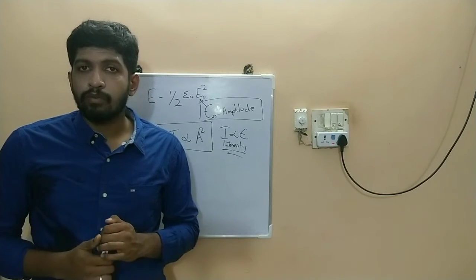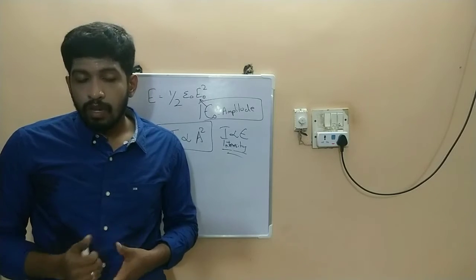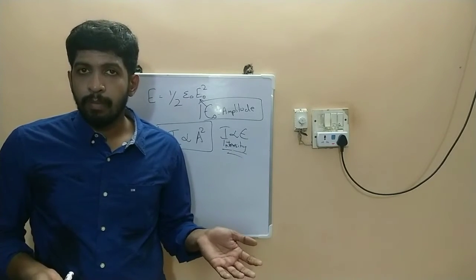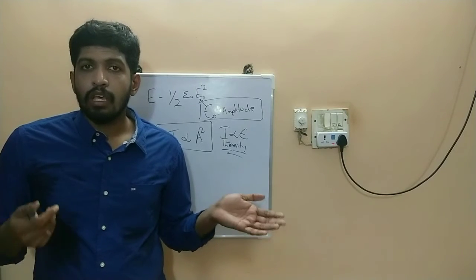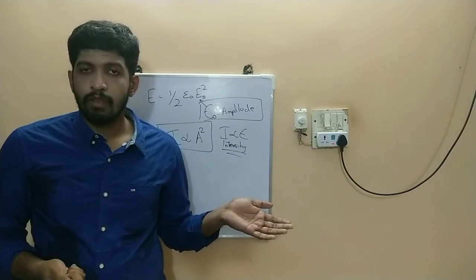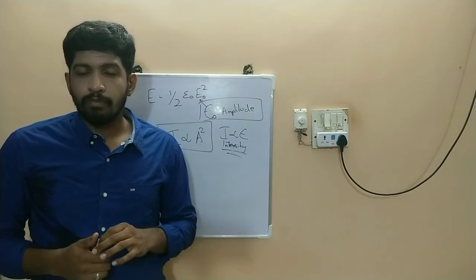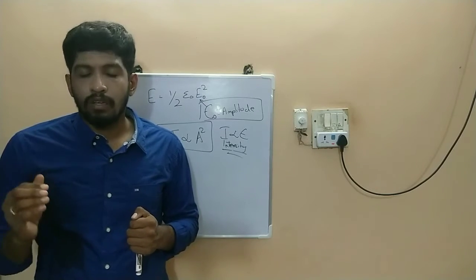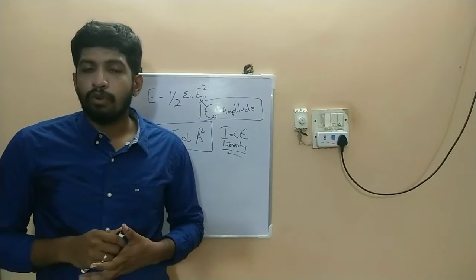It is only directly proportional to the frequency. According to classical wave theory, when we increase the frequency, there is no effect on the energy. So this is the main problem for which classical wave theory cannot explain the photoelectric effect.